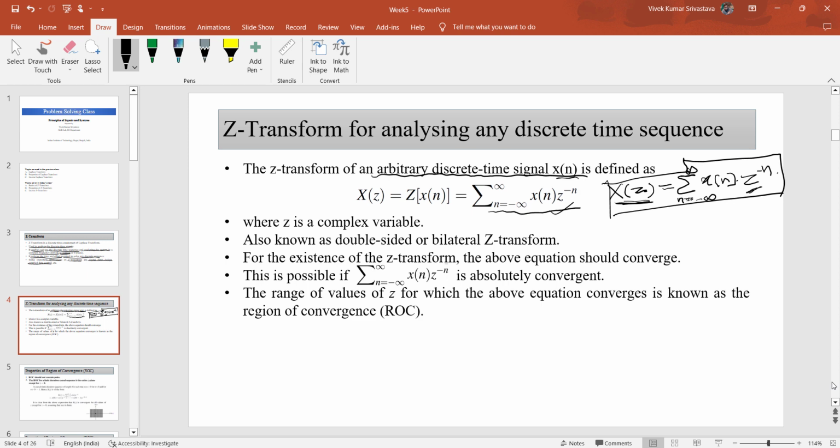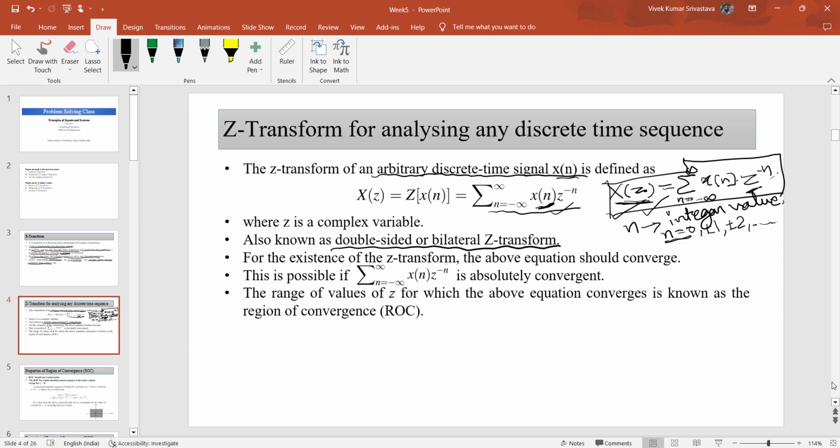Here z is a complex variable. This expression is also known as the double sided or bilateral Z transform, because n varies from minus infinity to infinity. One more thing I forgot to tell you is that n is an integer value, meaning n can be 0, plus or minus 1, plus or minus 2, because a discrete time sequence is defined only for integer values.